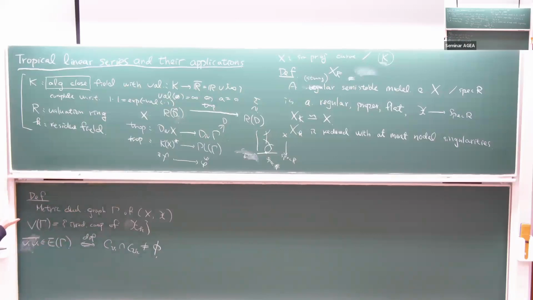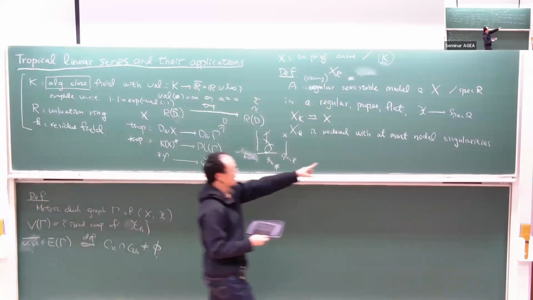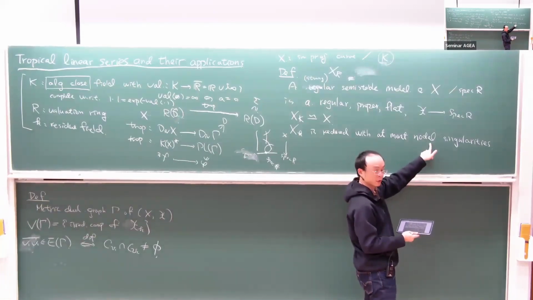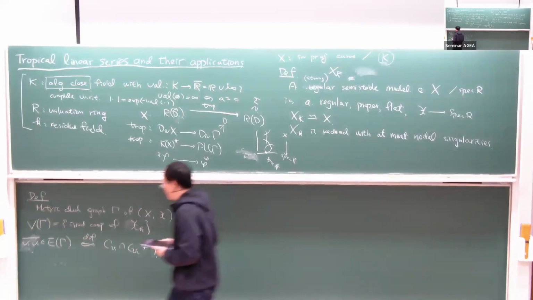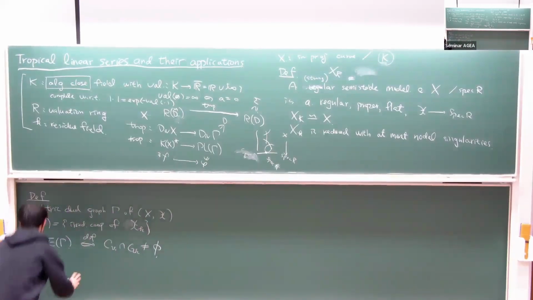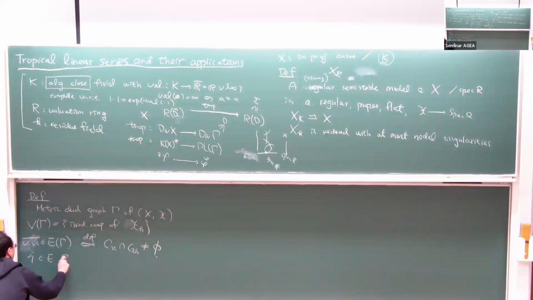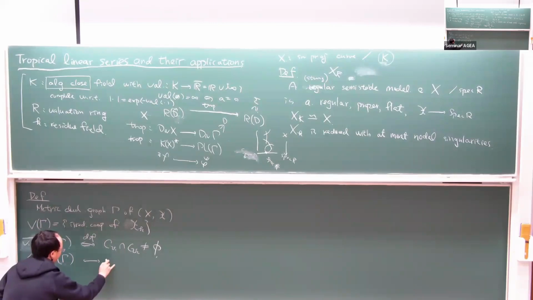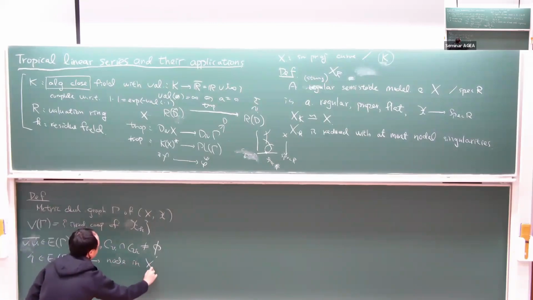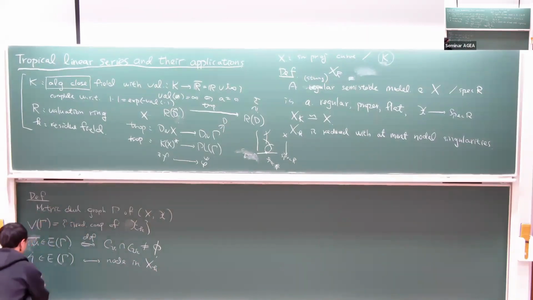So this gives you a graph, but we claim that it is a metric graph, so we need to assign a length to each edge. This is defined in the following way. We assume that the singularity is at most nodal, so each edge of gamma is given by a node in the special fiber.